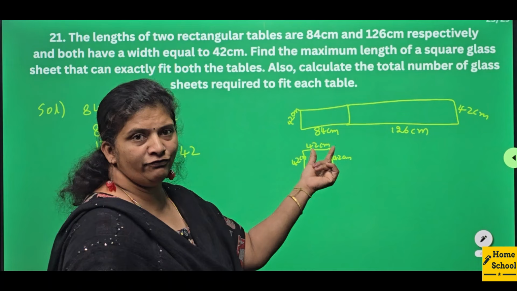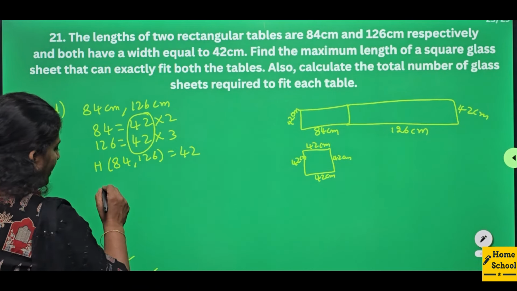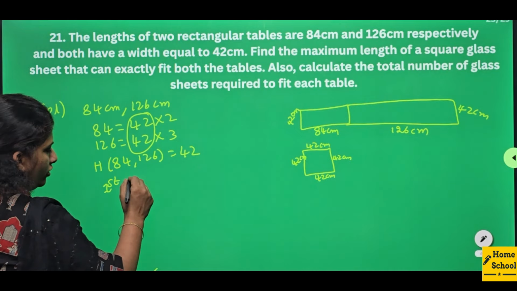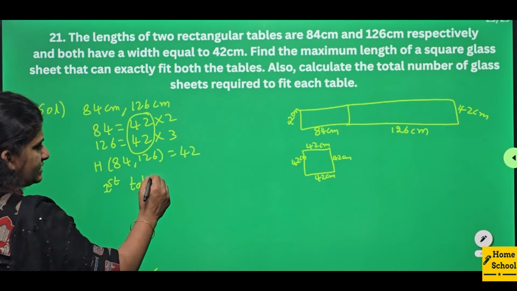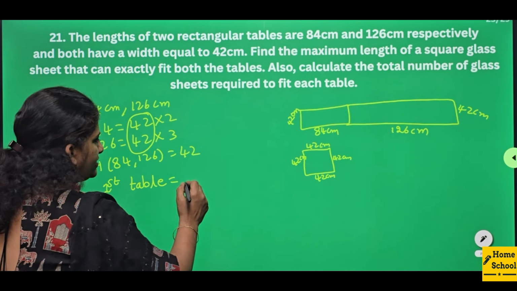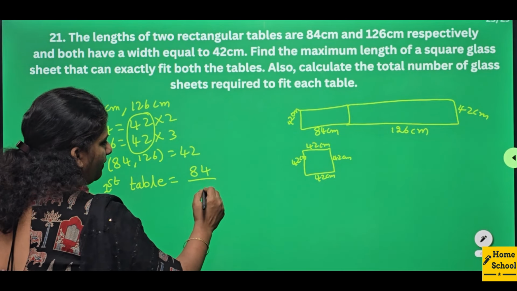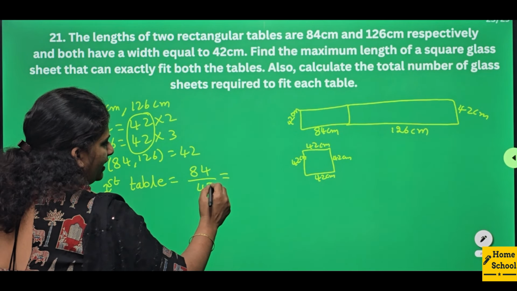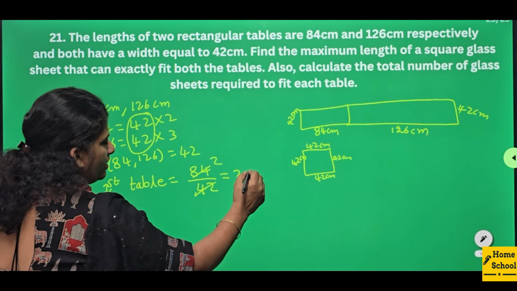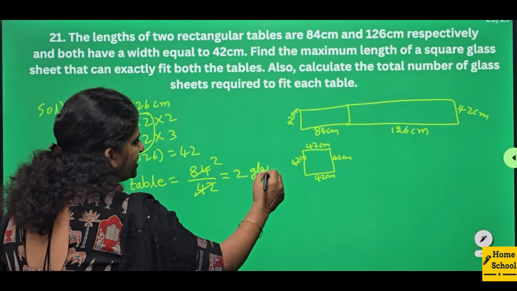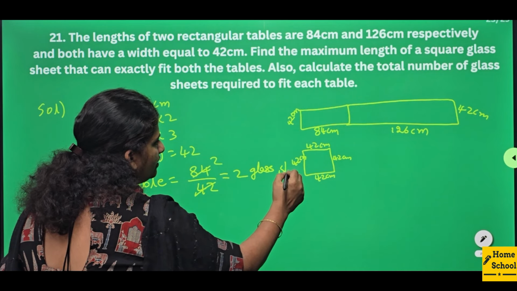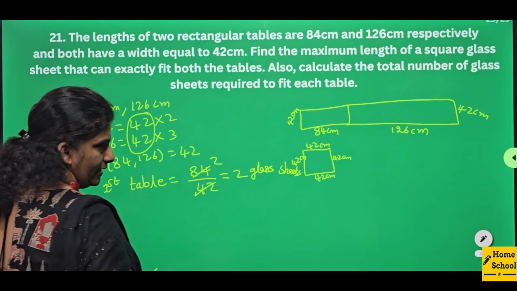For the first table, 84 by 42, what is the total length of the glass sheet? 84 divided by the HCF, that is 42 2s. So 2 square glass sheets are needed for the first table.